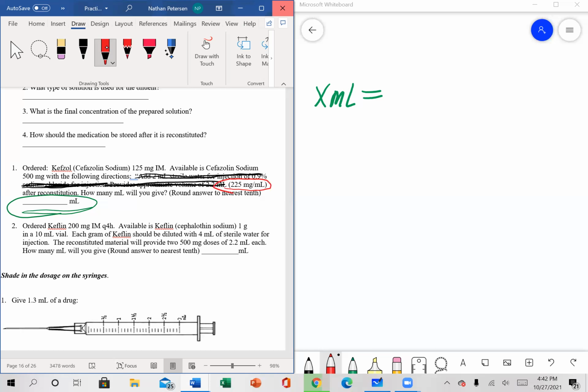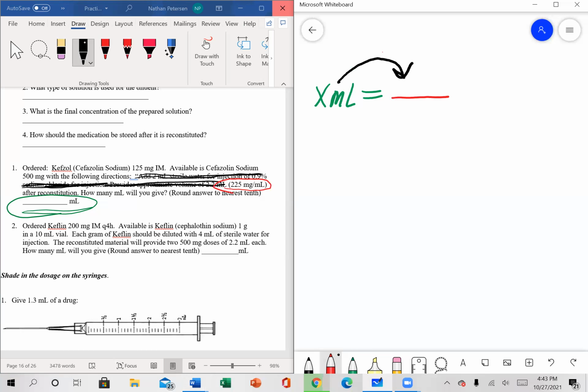So as we know, when we're working in our formula, we always have to move this guy. Our mils have to go there.